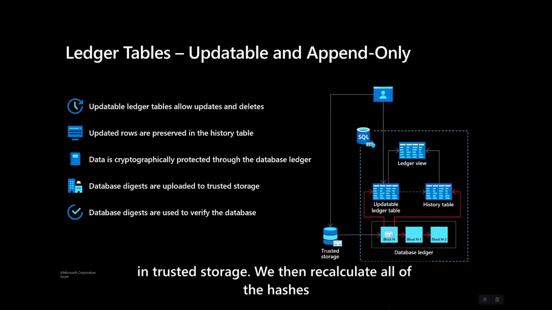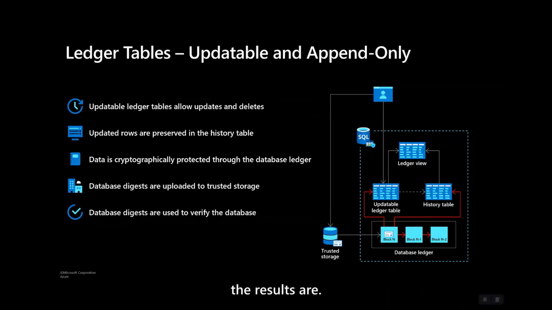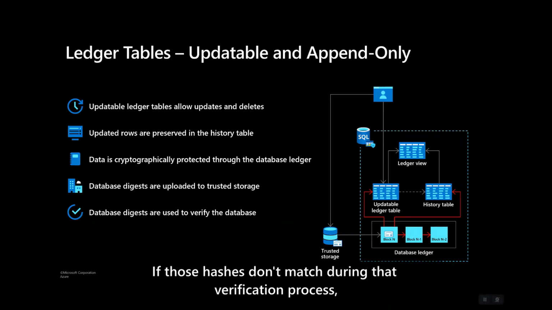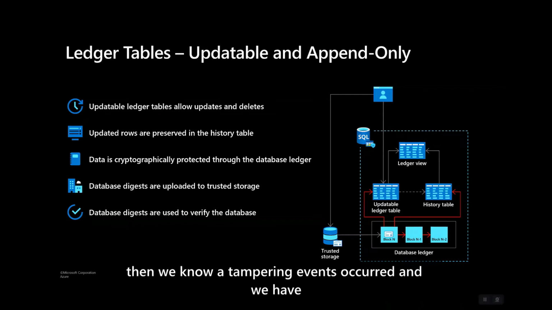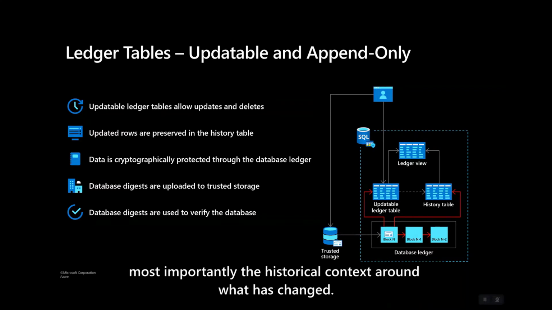We then recalculate all of the hashes inside of the database during verification, see what the results are, and compare them to the database digests that are stored in trusted storage. If those hashes don't match during that verification process, then we know a tampering event has occurred, and we have the data lineage information to know where it has occurred and, most importantly, the historical context around what has changed.